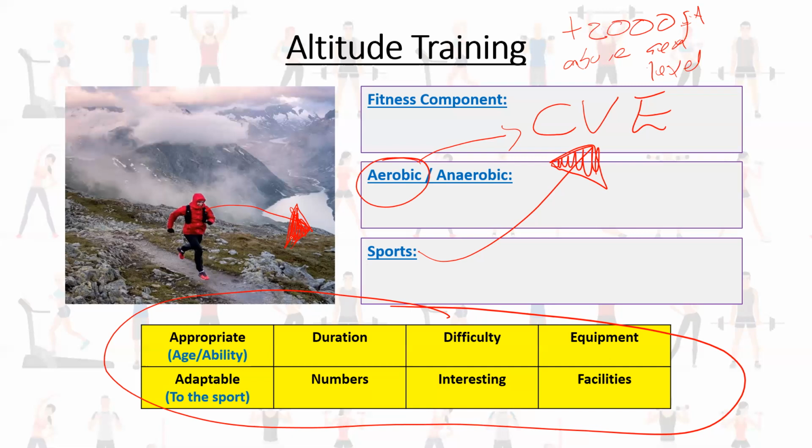We'll look at it in more detail, but that obviously has implications for how appropriate it is, particularly in terms of age and ability, the duration that it takes, and the difficulty of it. We're talking facilities, but also the environment that's required to do it. So it's not something that's readily available.